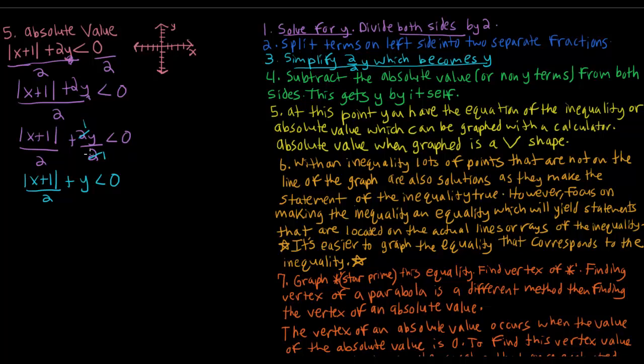Next, step 4, we subtract the absolute value from both sides of the inequality, and the point is to get y by itself.